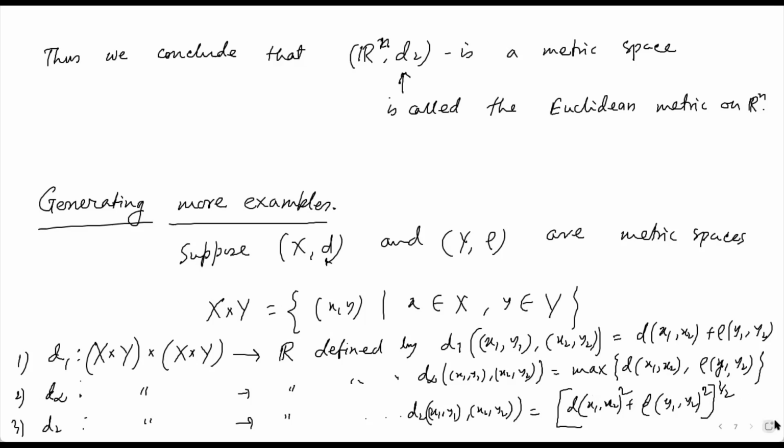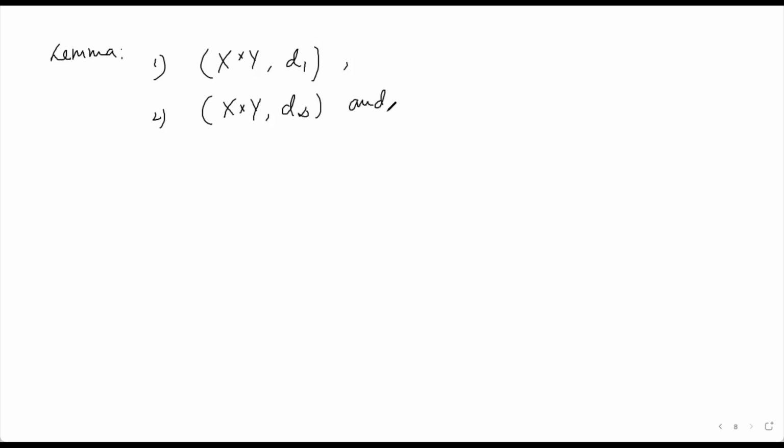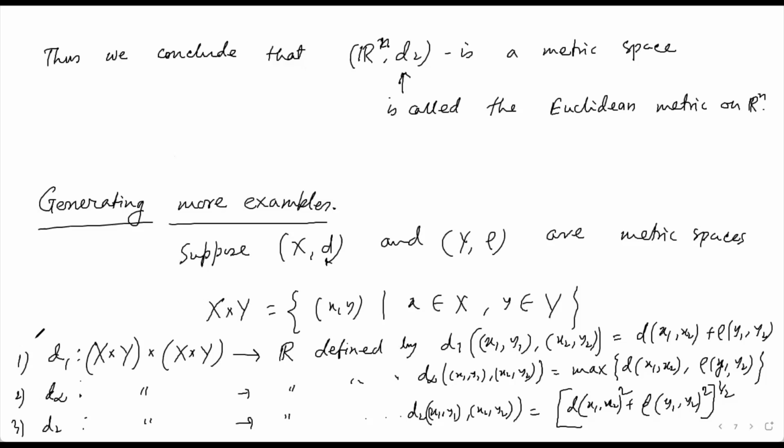Okay, so now we state as a lemma: X cross Y with d1, second X Cartesian product Y with d infinity, and third X Cartesian product Y with d2, where d1, d infinity and d2 are defined here.